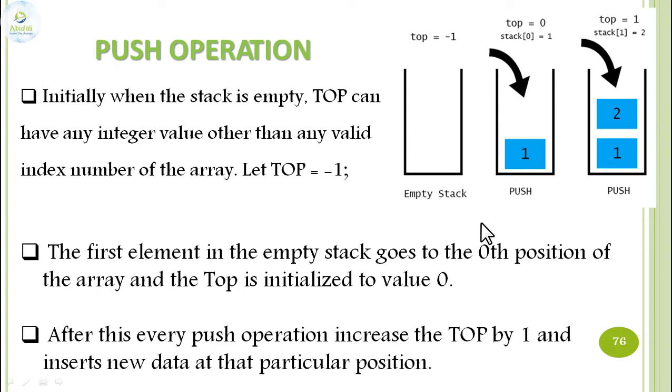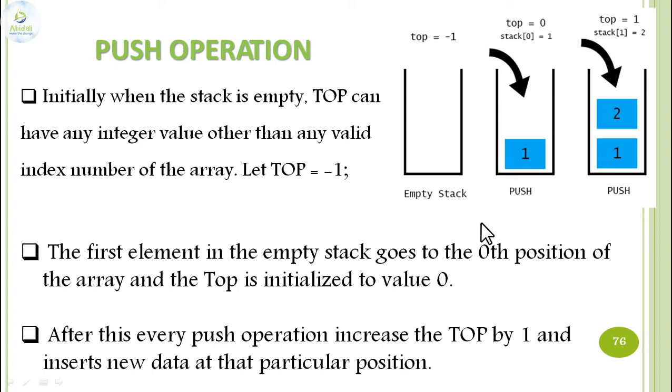So we will see the push operation. In the previous lecture you have seen push is nothing but inserting an element at the top of the stack. It accepts an item to be pushed or inserted and does not return any value. Initially when the stack is created, the stack will be empty. That means it will not have any data items stored within it.